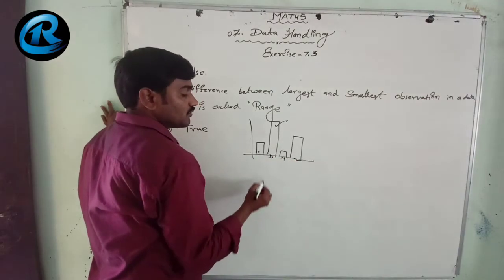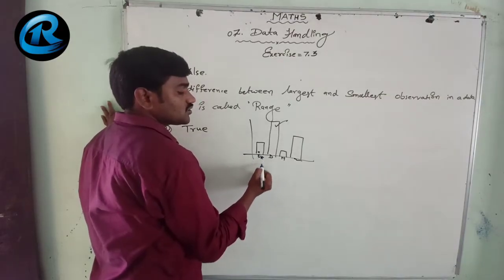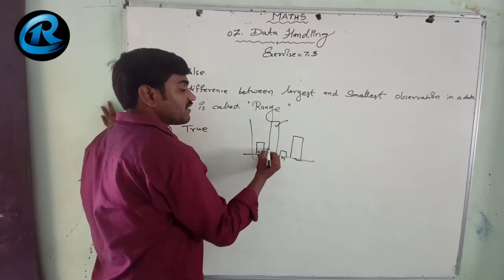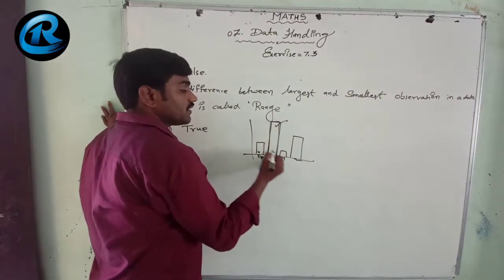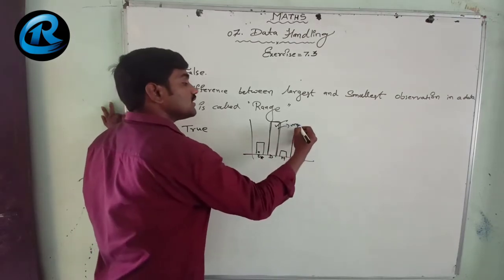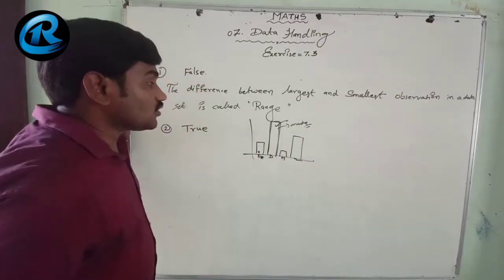Which chocolates are sold more? Dairy Milk. That means the bar with greater length shows the mode. So it is a true statement.